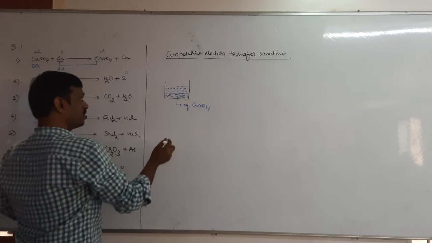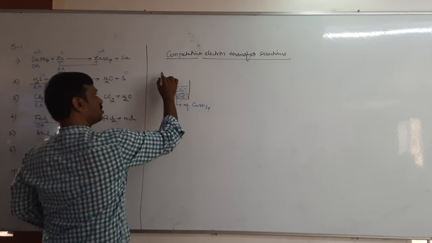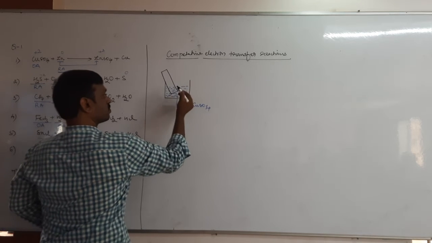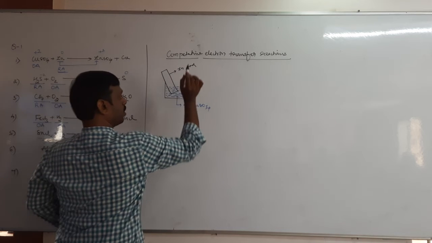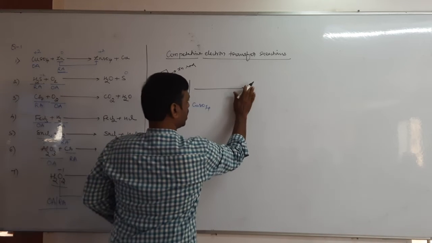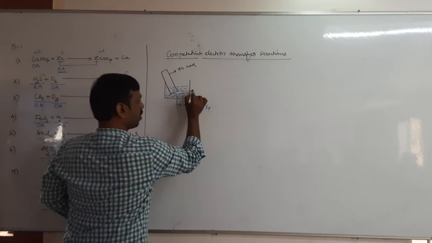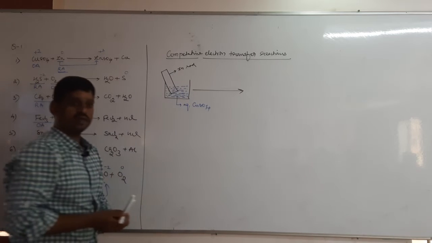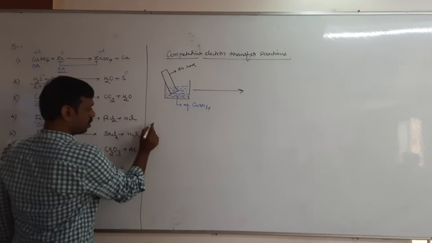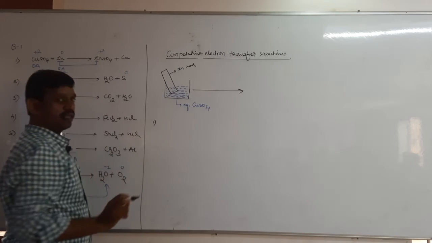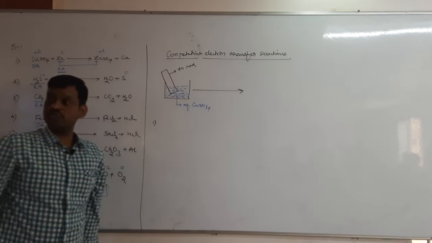In aqueous copper sulfate, let us place a zinc rod. This is a zinc rod. Tell me, when the zinc rod is placed in copper sulfate solution, what happens? First observation: does zinc undergo oxidation or reduction?